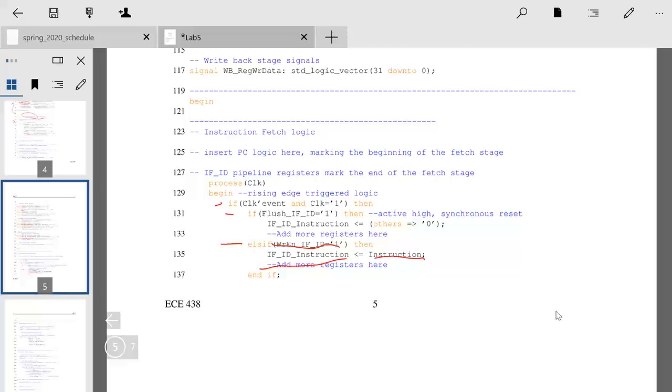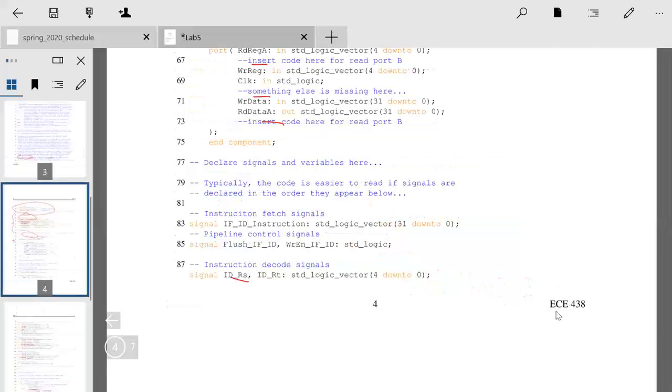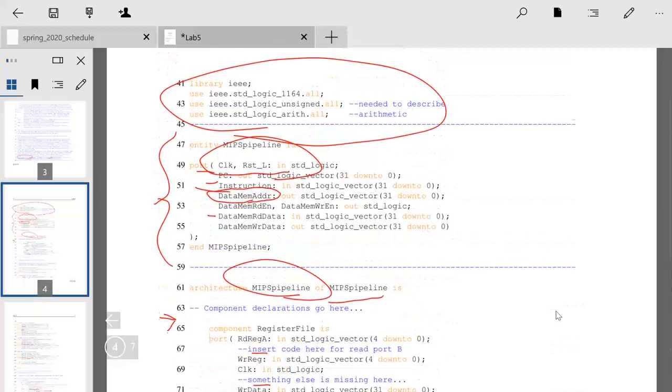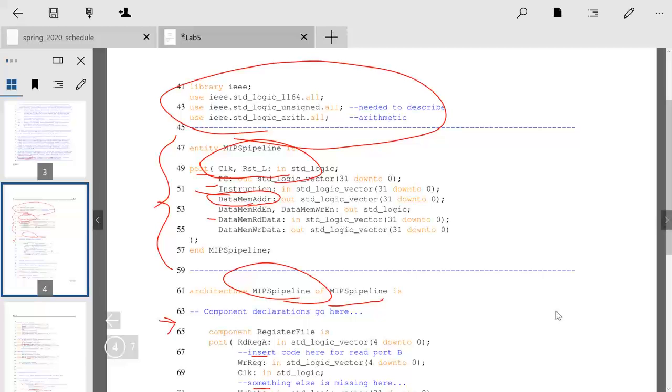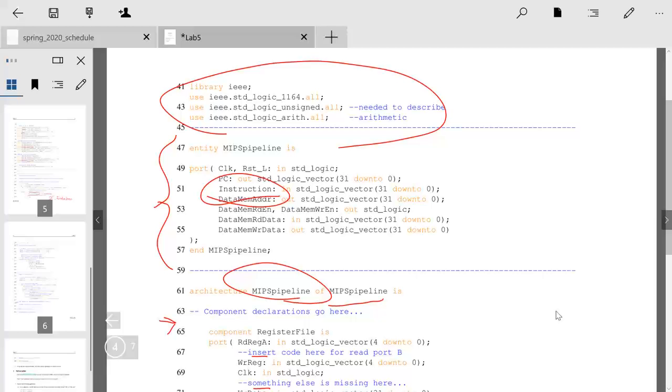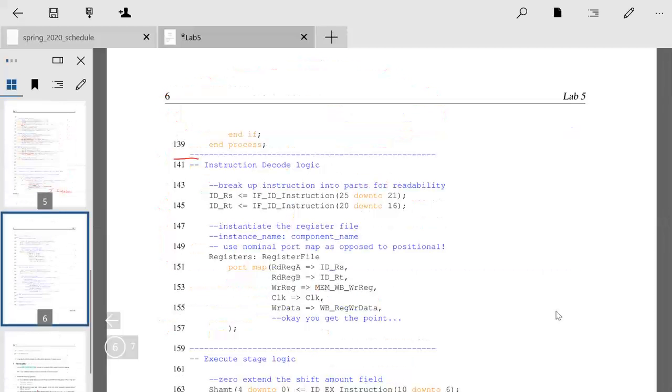If I was following proper convention, this would be called the IF instruction. The reason I'm not following convention is because instruction is literally one of our input ports, I believe. Yeah, here it is. It's one of our input ports, so we're just directly wiring that in. So you don't have to follow convention for that one.